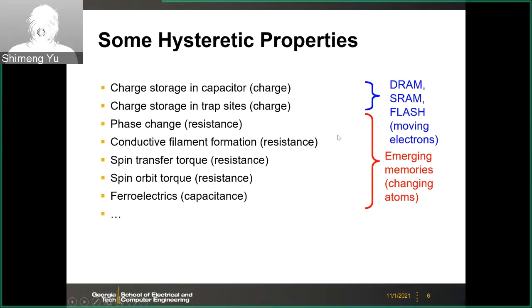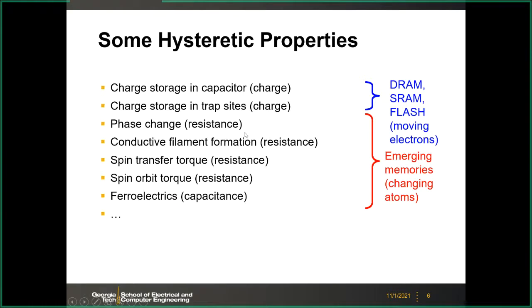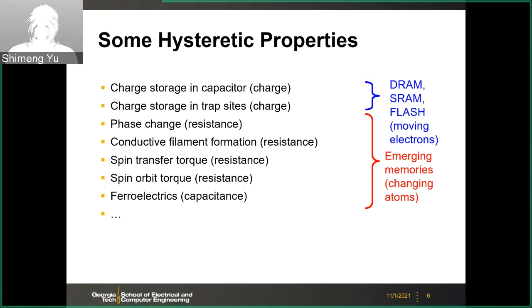But in the next, we are going to discuss emerging memories. Most of them depend on other mechanisms. For example, you can rely on the resistance change. So you can use high resistance state to store information 0 and low resistance state to store the information 1. There are different mechanisms to do that.